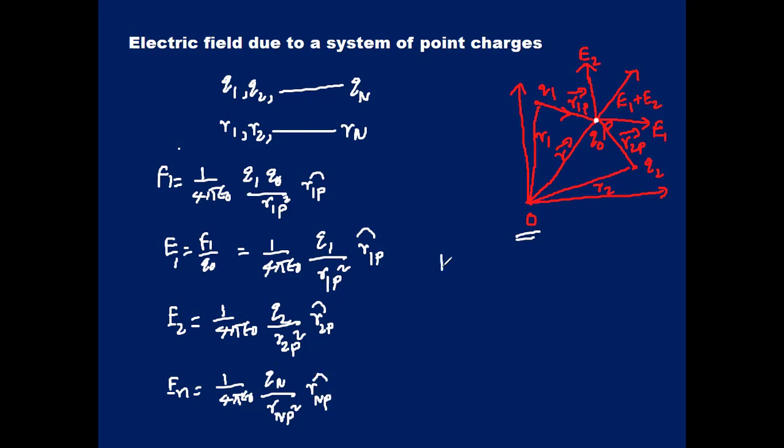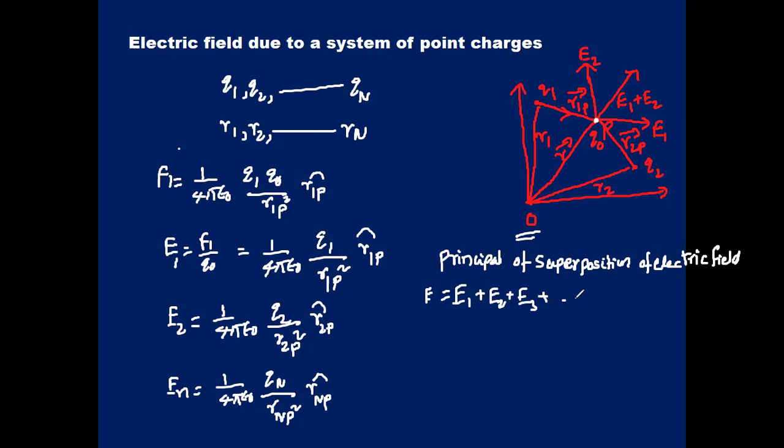So according to the principle of superposition of electric field, E is equal to E1 plus E2 plus E3 plus so on plus En.